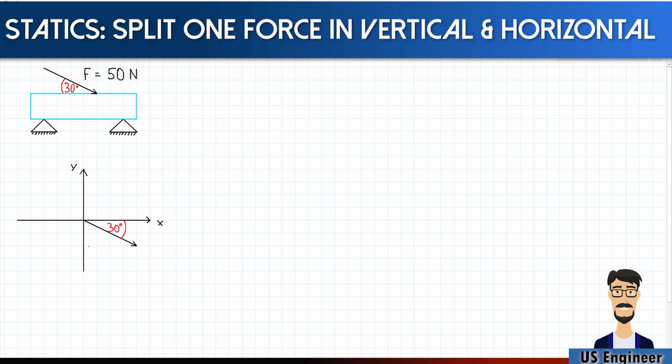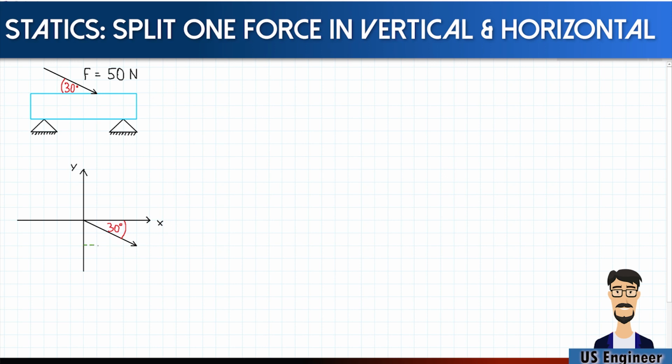Let me show you. So, for the x component, you're gonna draw a line that is parallel to the x-axis, and that line needs to touch the tip of the force vector. It's gonna look like this.